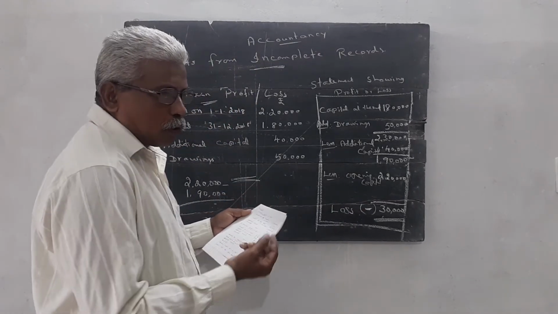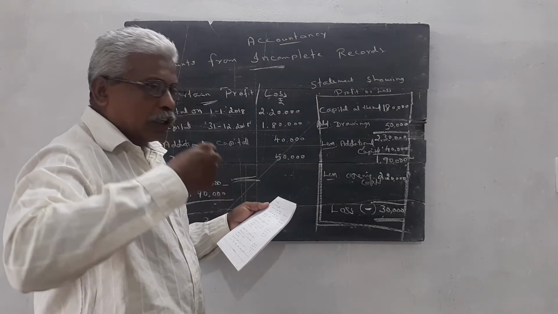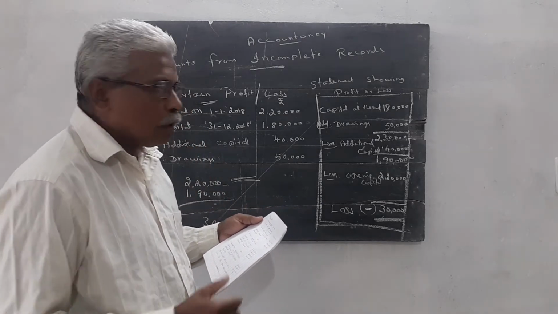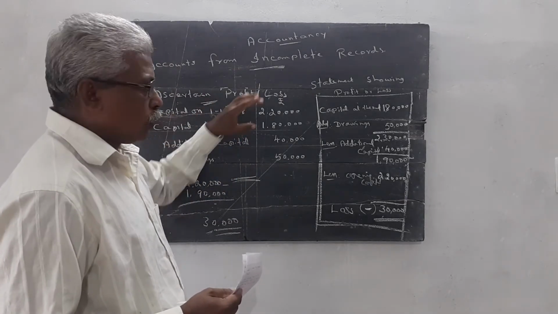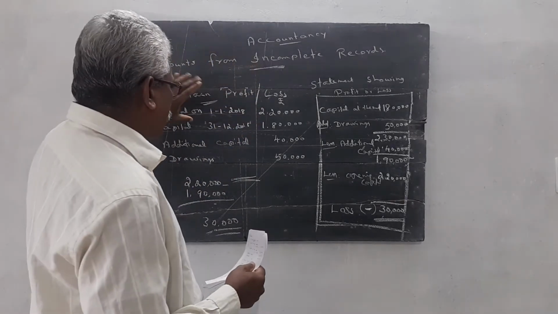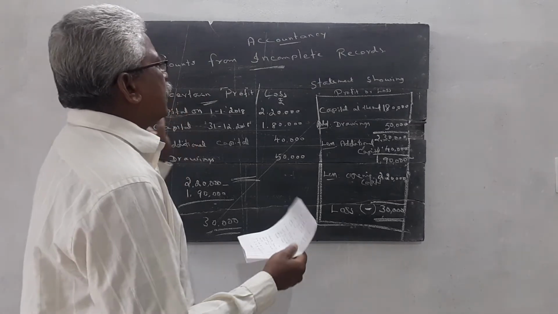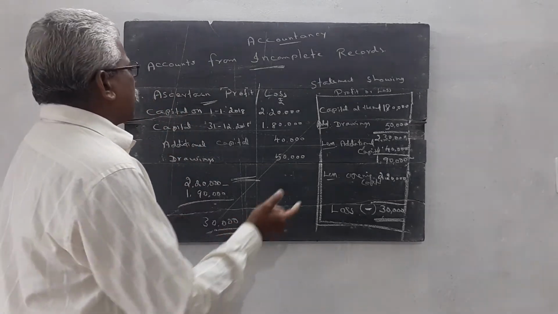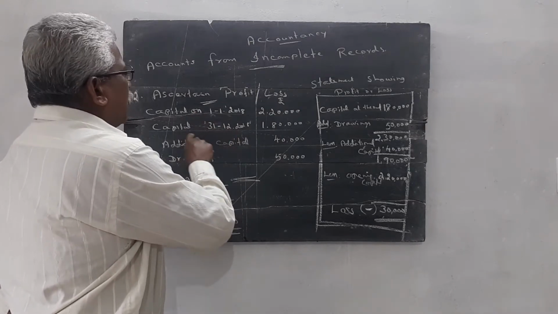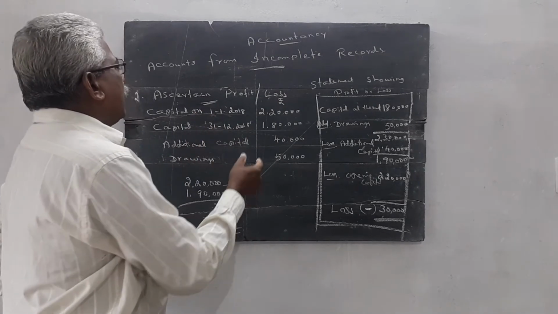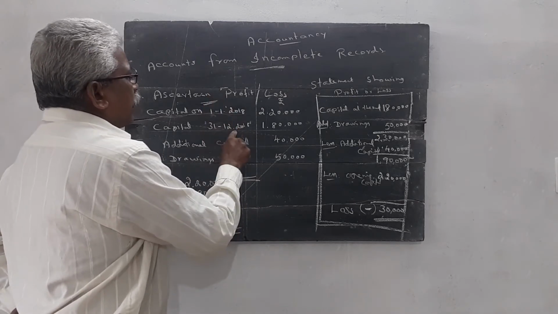These are the simple questions. If you are thorough in the simple questions, then only you will solve the difficult questions. So try to write the same questions, only slight differences. Each and every question has slight differences. In the previous question, capital at the end and capital at the beginning, those words are given. In this question, the date is given.